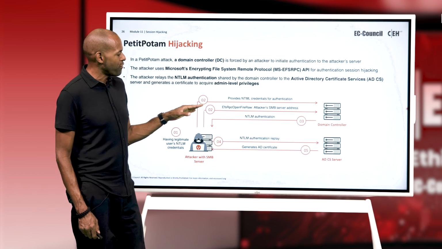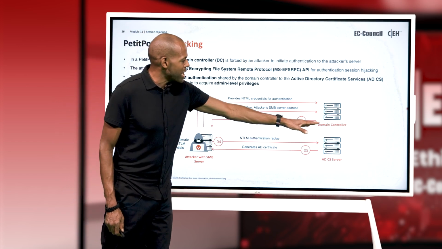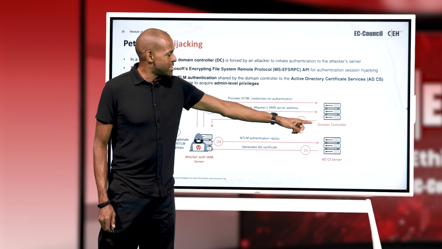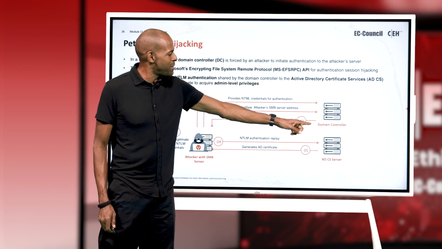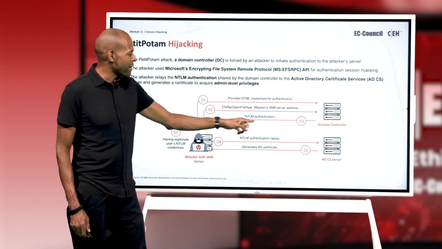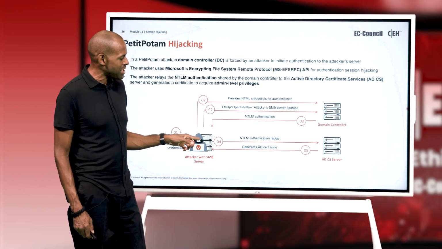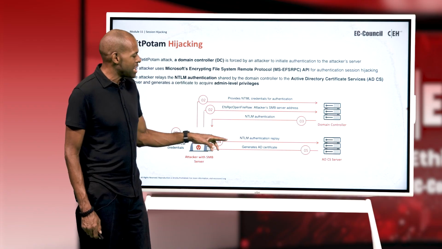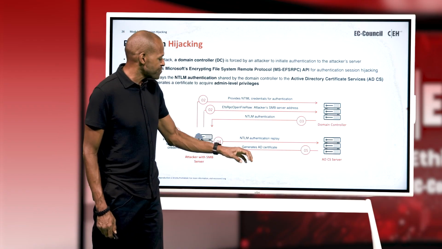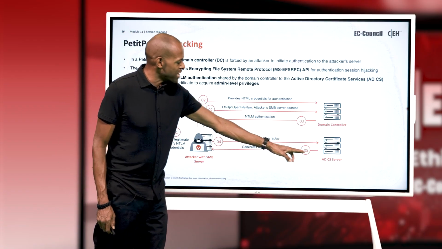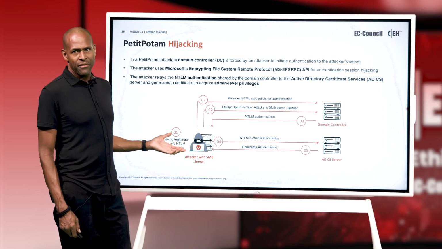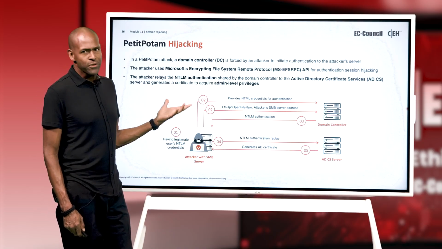So we get both of those. The reply we get from the server doesn't necessarily have to be a domain controller, but we get a reply back that is the NTLM authentication. Then we can use that NTLM authentication reply to generate a certificate from the certificate server, and then I can use admin-level privileges.